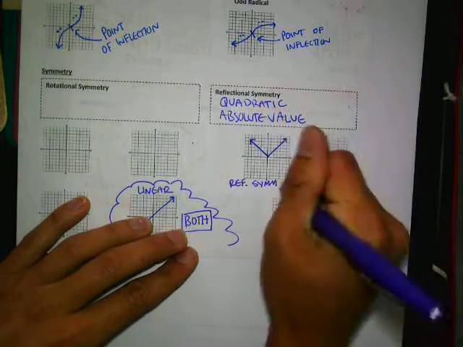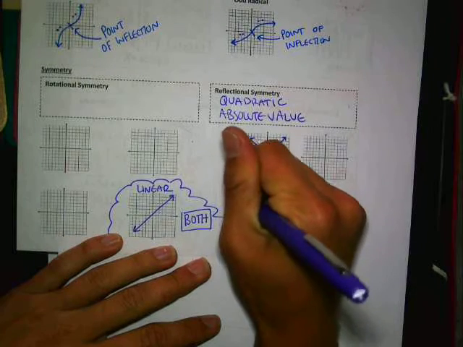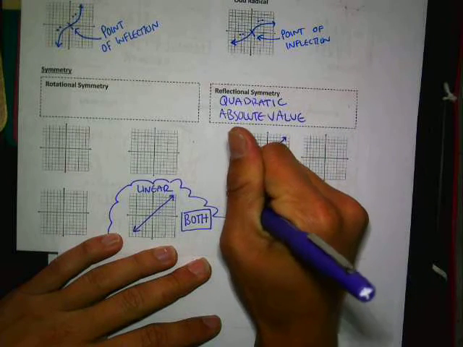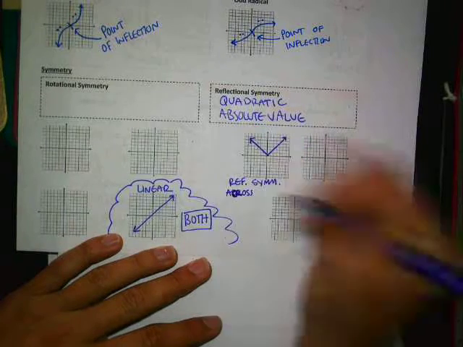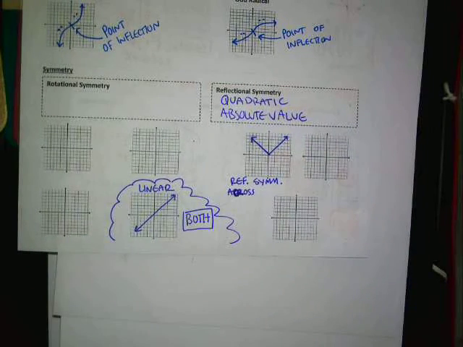You can abbreviate reflectional and symmetry, because I know those are both long words. It has reflectional symmetry across, and then you have to put the line that you're folding it on.